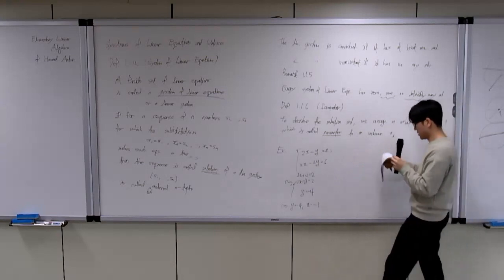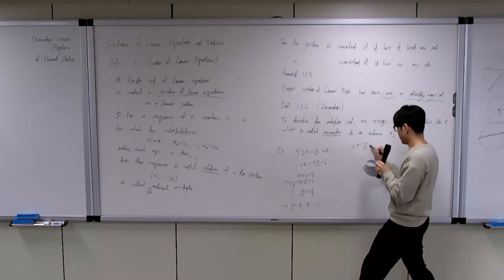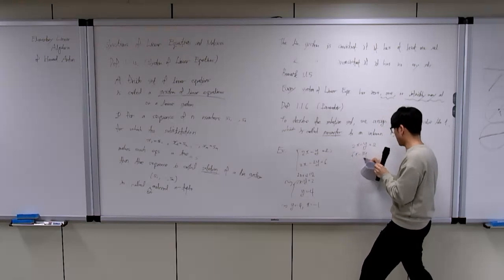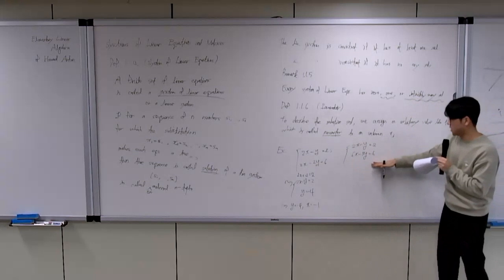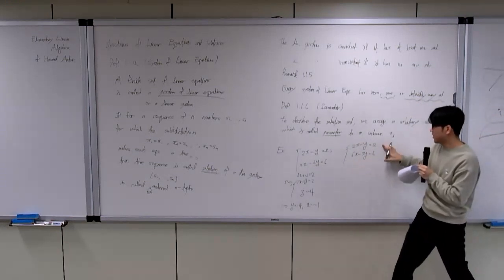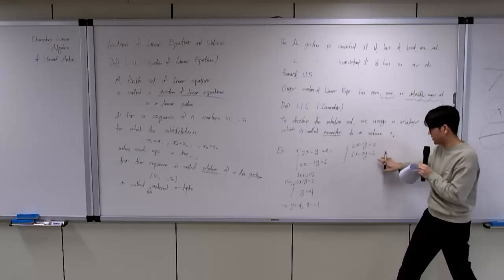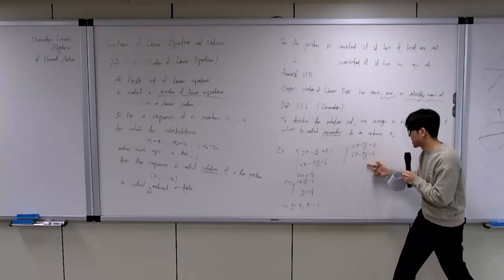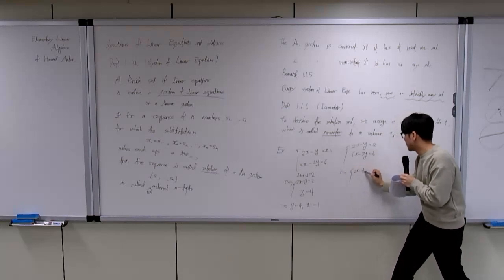But if we consider another system of linear equations, and we multiply the first equation by 3 and subtract the second equation, then we get 0 equal 0.